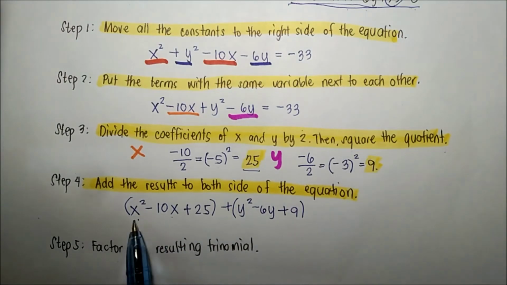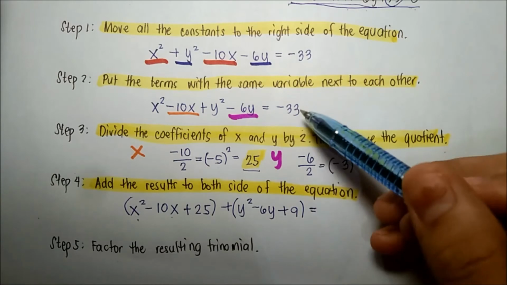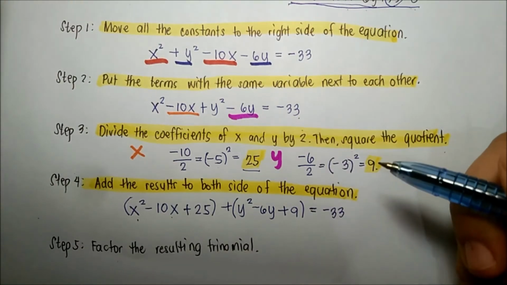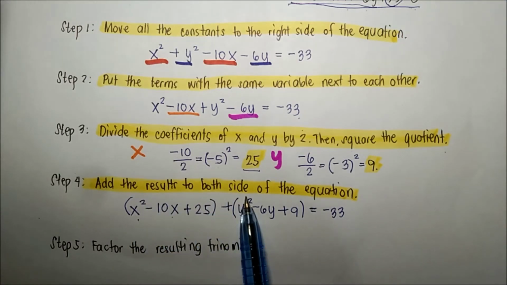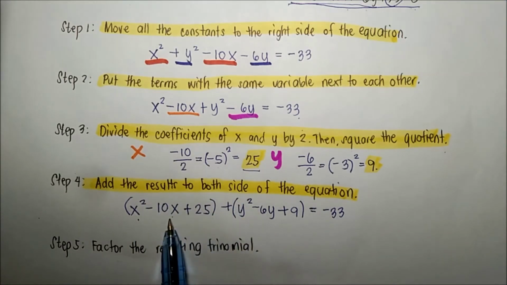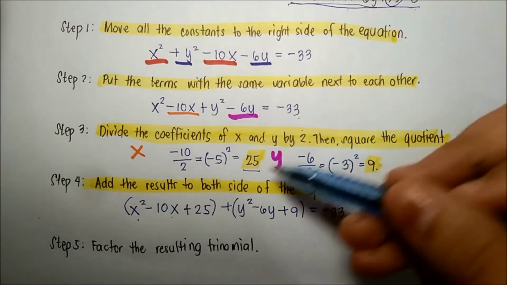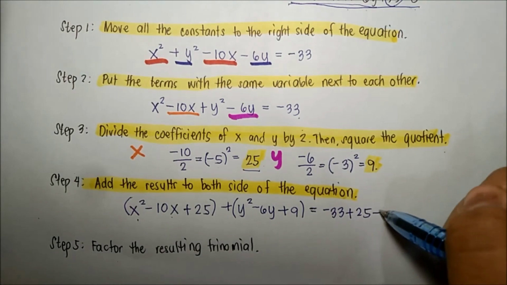So we have two perfect square trinomials. And then we just copy negative 33. But it says that we will add the results to both sides. We are done adding it on the left side. So next we will add it on the right side. So we will write plus 25 here and also plus 9.